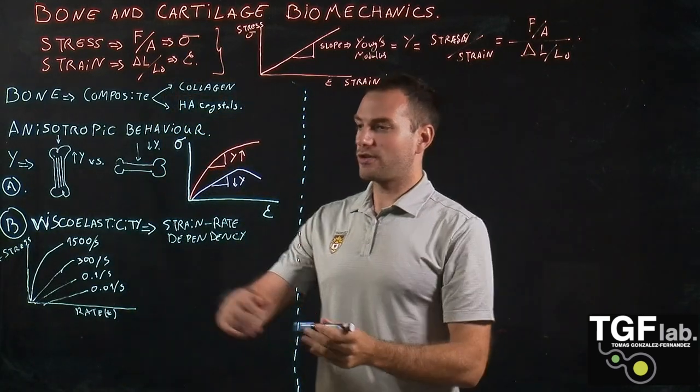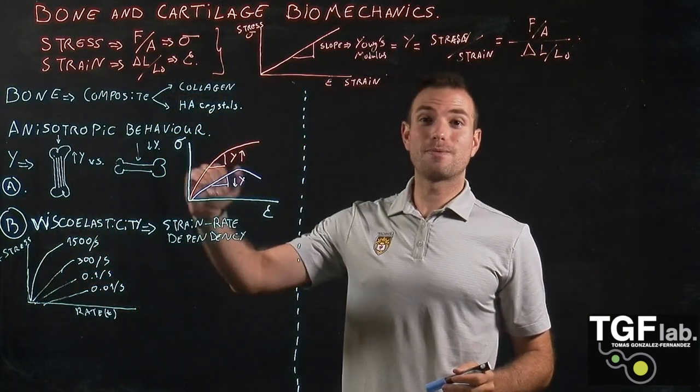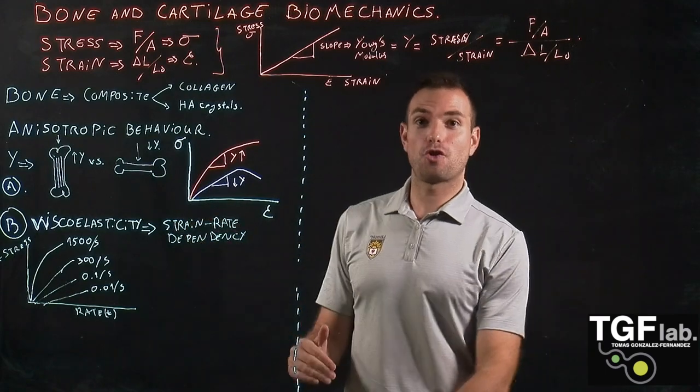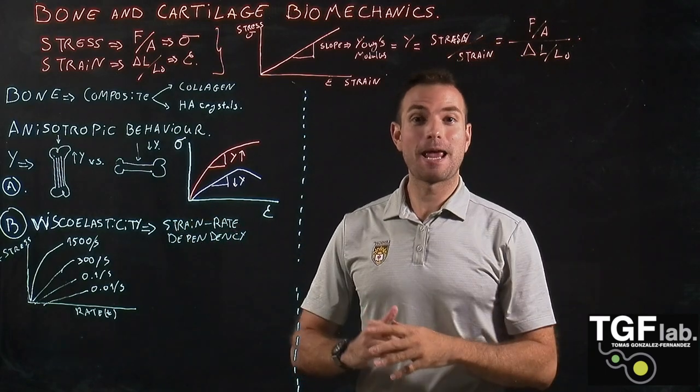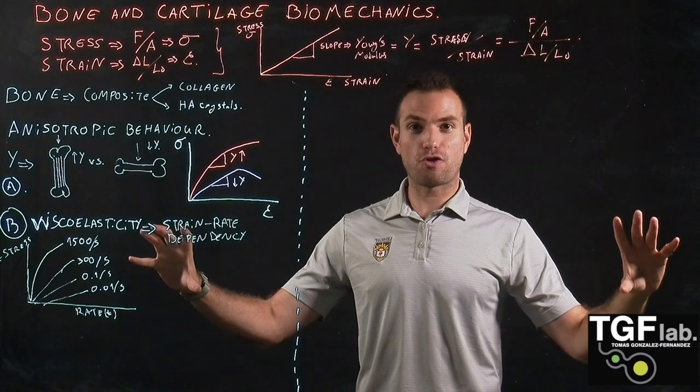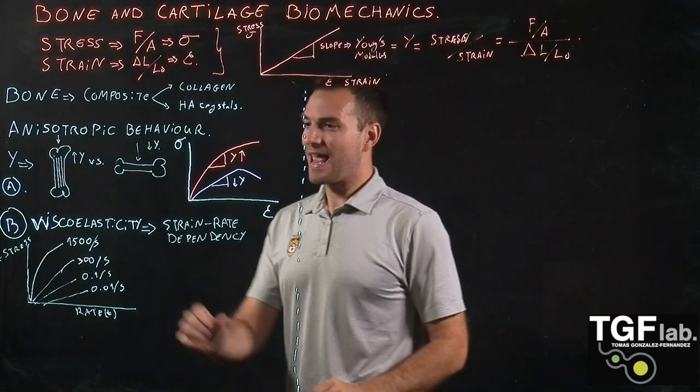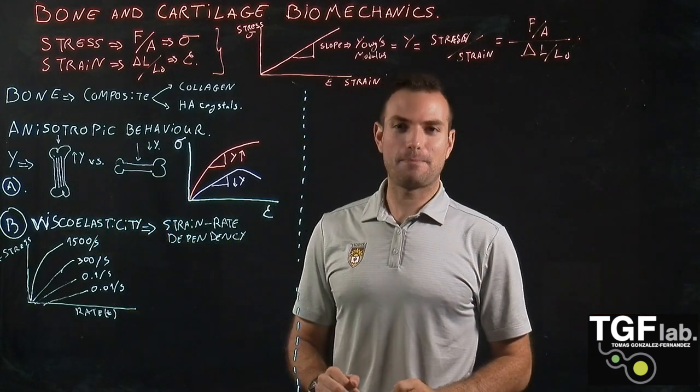So here there is going to be the stress and the strain, and they are going to be dependent on the rate. So not only on the impact, the force, but also on how long that force is sustained over time, okay? And it gives the bone the viscoelasticity capacity.